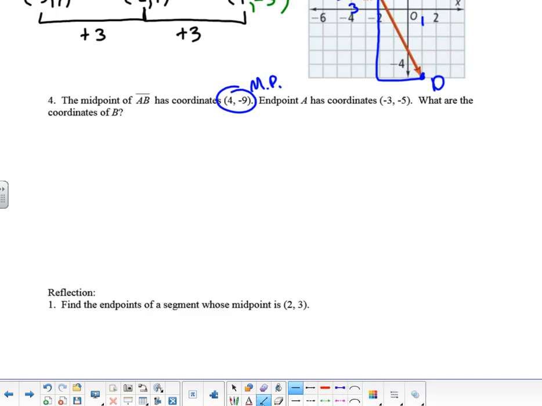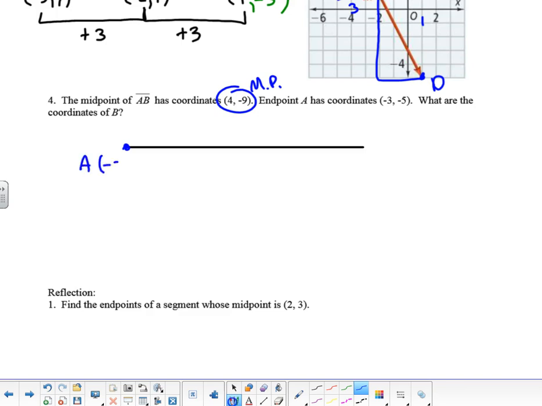All right, so let's use that same strategy that I just showed you. Let's write a line like this out. Now we could do it on the coordinate plane, that would work fine, but sometimes this is just a little bit faster. So A is negative 3, negative 5, and our midpoint is 4, negative 9. We're trying to find the other endpoint here.